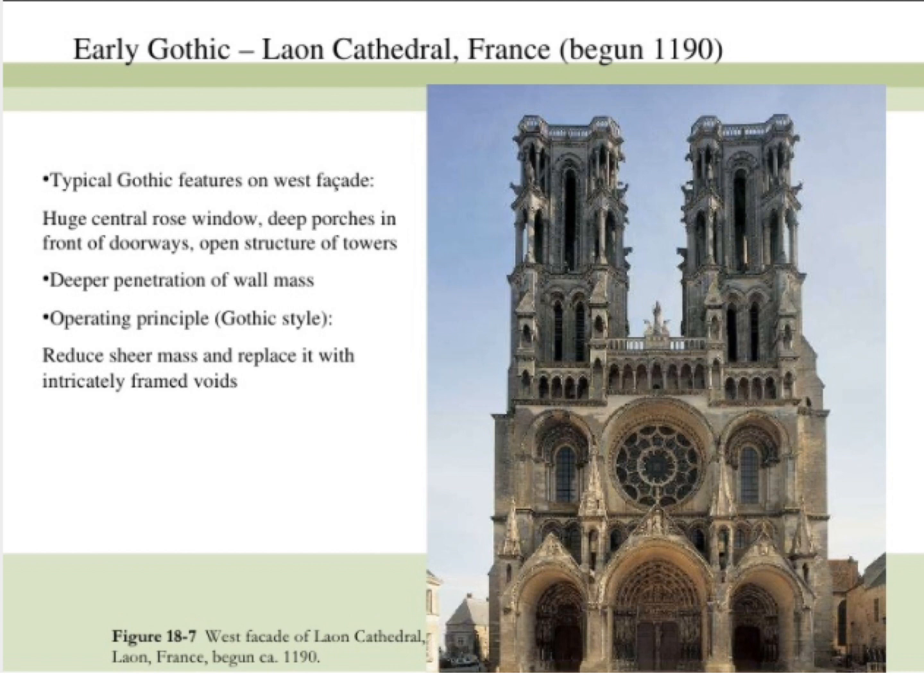So the wall seems lighter and less heavy, which was a goal of the Gothic. The people in the Gothic era believed that the lighter the building seemed, the taller the building seemed, the closer or the better chance they had of their prayers ascending into heaven.